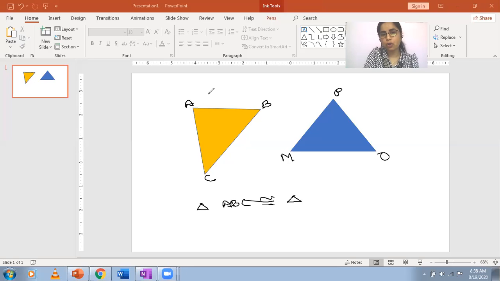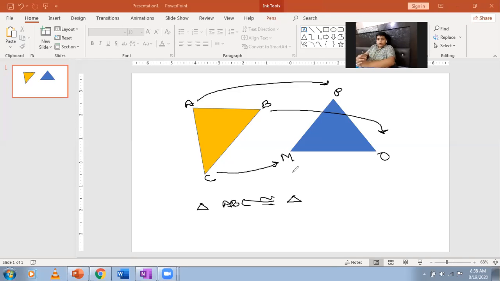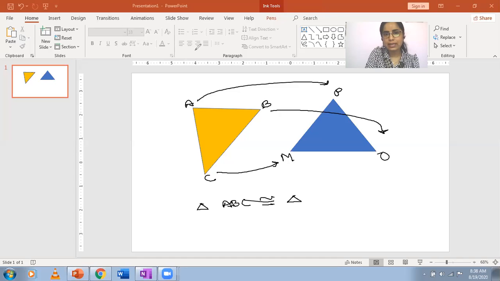Can you tell me which corner will match with which one? A will be matched with P. B to O, C to M. Can you tell me the name that I should write here?